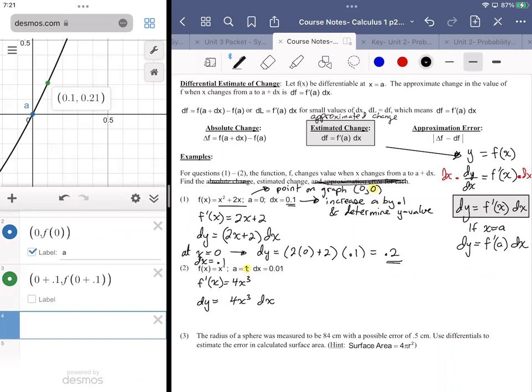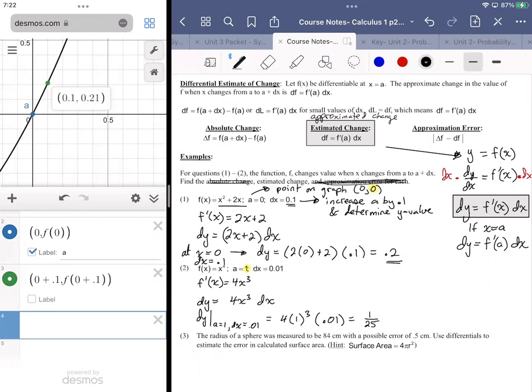So dy when a is equal to 1 and dx is equal to 0.01 would be 4 times 1 cubed times 0.01. So it's 4 times 1, which is 4, and then 0.01 is 1/100th. So 1/100 times 4 is 4/100ths, which would be 1/25.